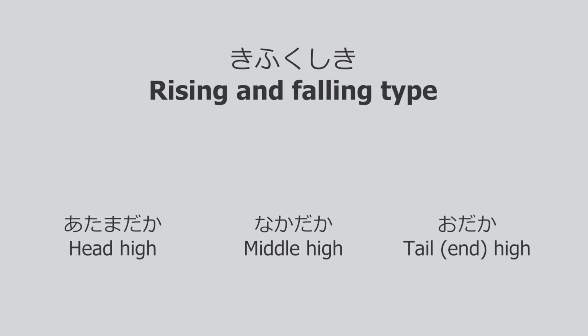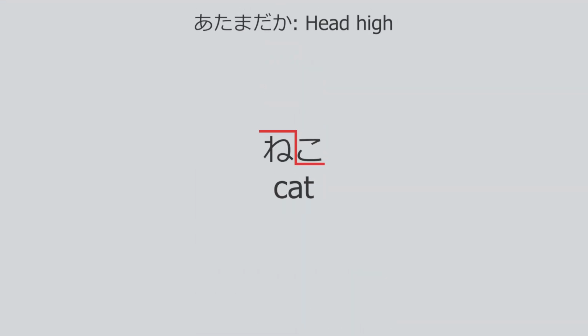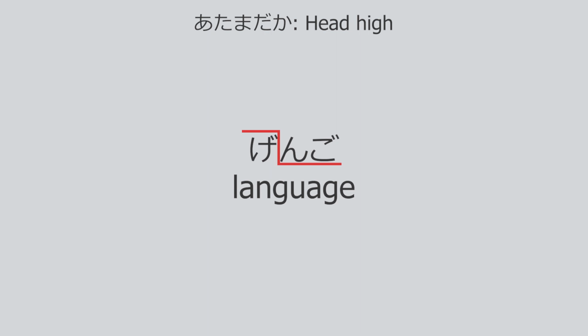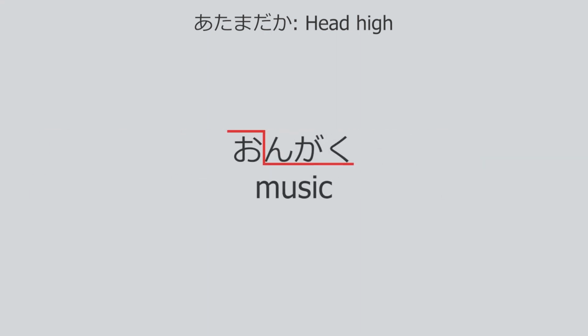Atama is the beginning, naka is in the middle, and o is the end. Atamadaka, which literally means head high, means that the first mora will be high and everything after that will go down. Neko, gengo, ongaku.